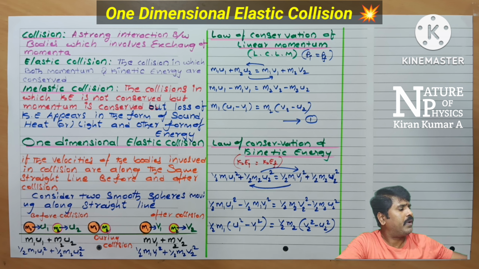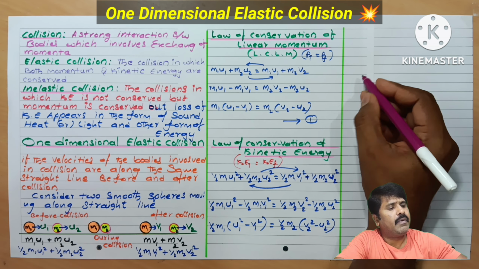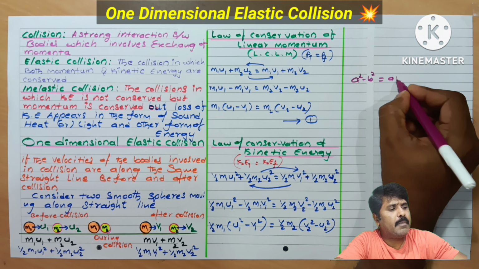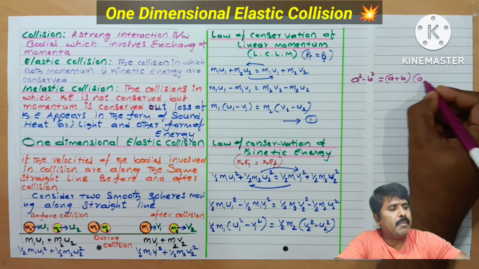There is a formula we can write: a square minus b square is equal to a plus b into a minus b.